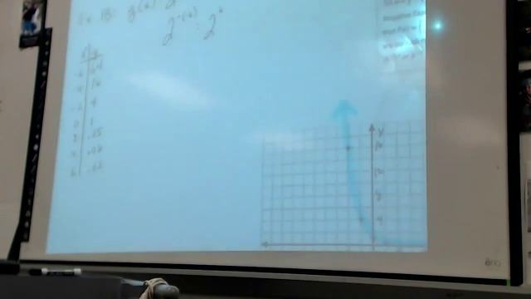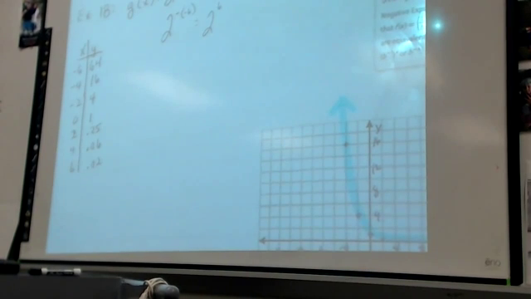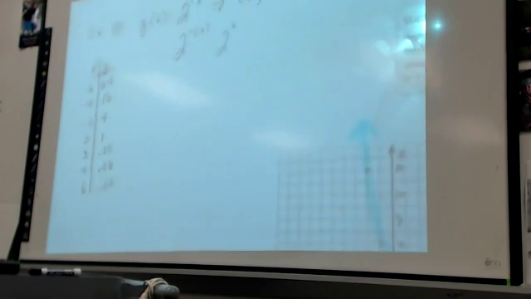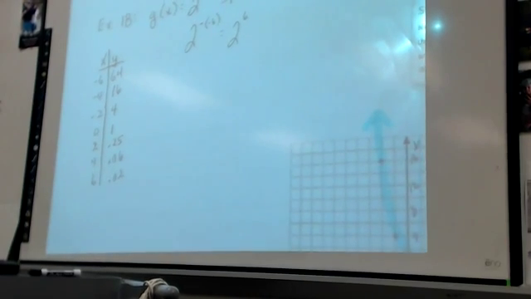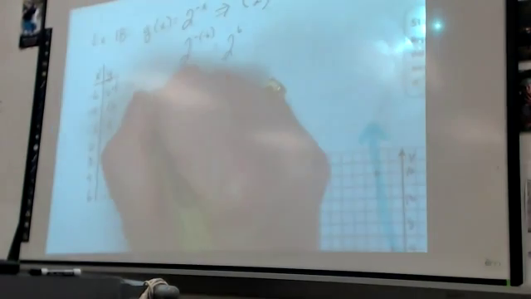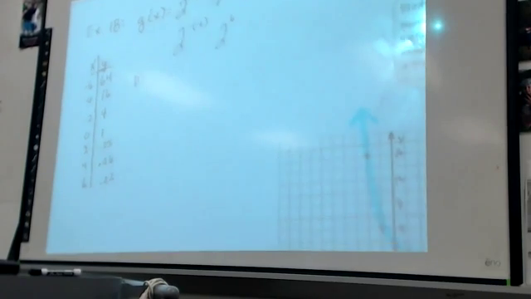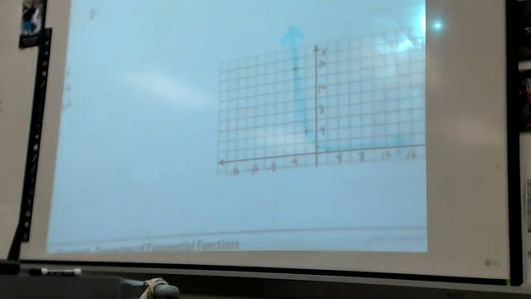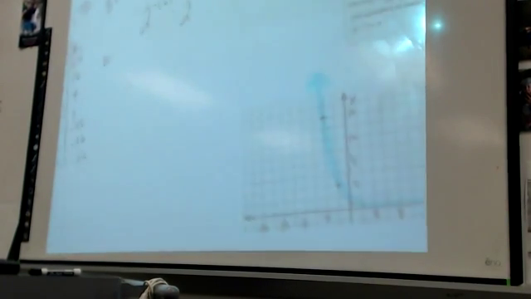Now let's analyze this one. Let me get my camera back up over here where I can see it. Okay, domain. Is that different than the one previous? No, it still goes from negative infinity to infinity.